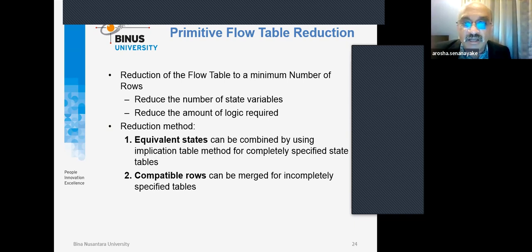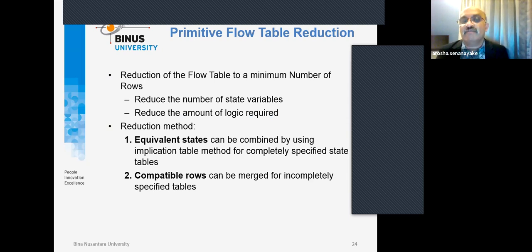What are the mechanisms we normally use? Equivalent states can be combined by using the implication table method for completely specified state tables, which is very important for completely specified state tables. What are the equivalent states?